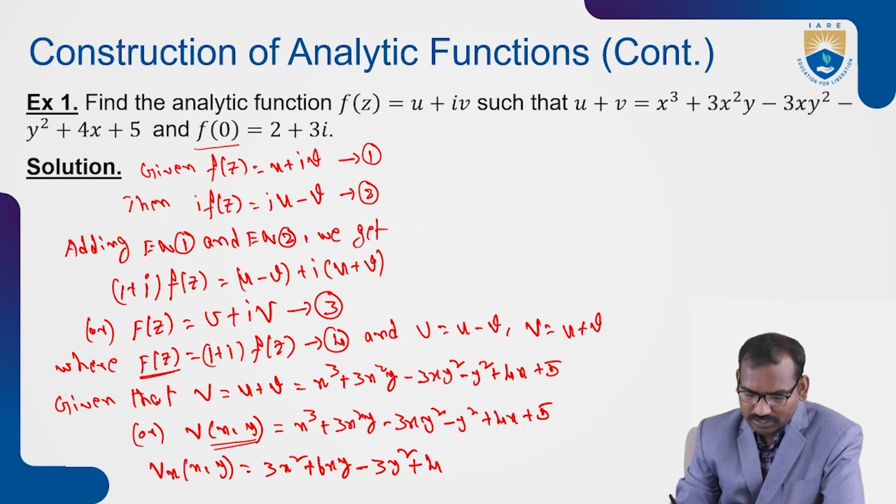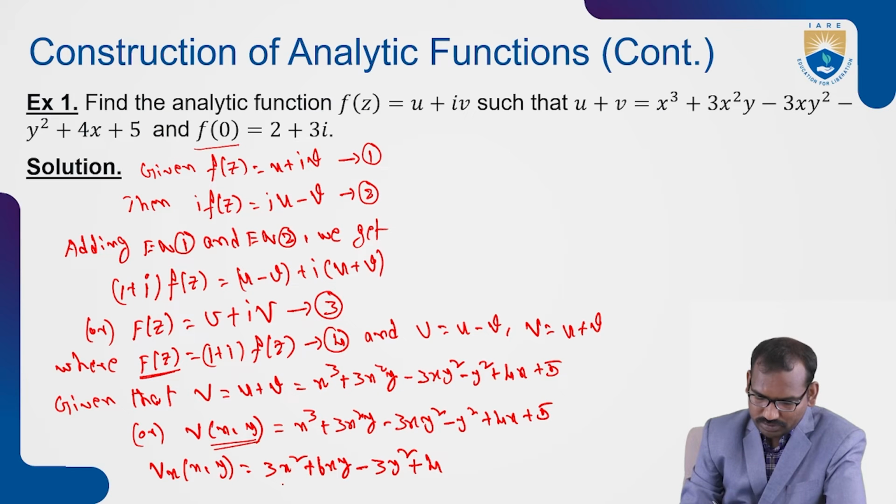In the previous slide you can see. So here also you can have 3z square, because the second term and third term become 0 since y is 0.